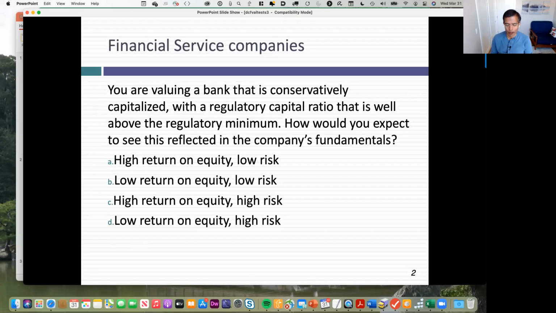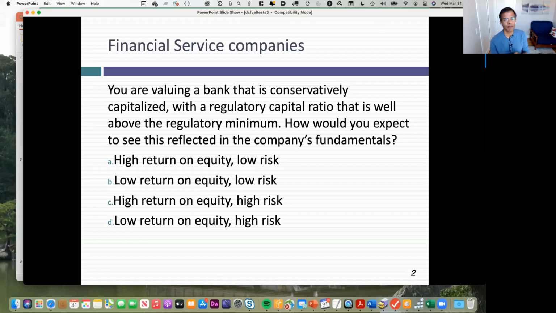So it's got more capital than needed. Knowing nothing else about the bank, if you were looking at this bank's fundamentals, I want you to tell me what combination of the following you're most likely to find, given that it's overcapitalized. First, high return on equity, low risk. Second, low return on equity, low risk. Third, high return on equity, high risk. And fourth, low return on equity, high risk.